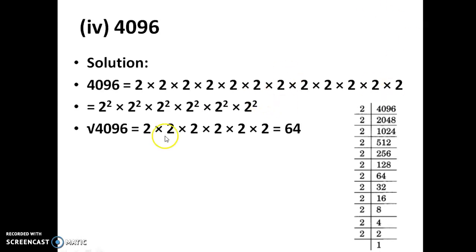When you multiply 2 into 2, it is 4. 4 2s are 8. 8 2s are 16. 16 2s are 32. And 32 into 2 is 64. So that's the square root of 4096. So you will get 64.